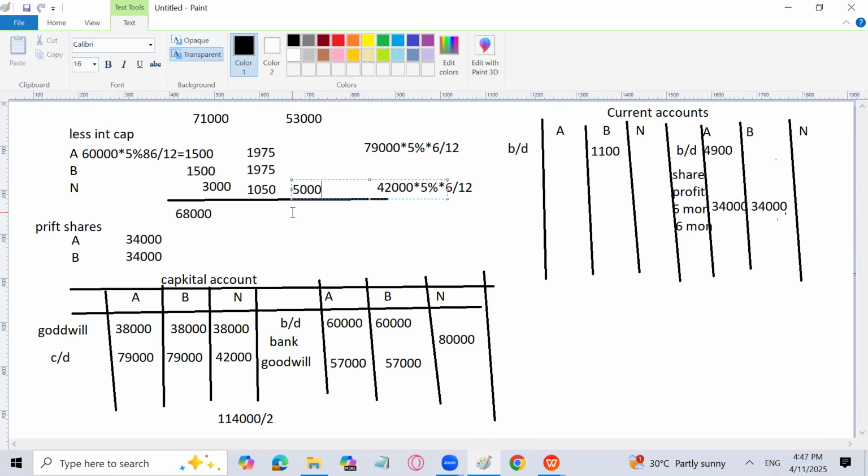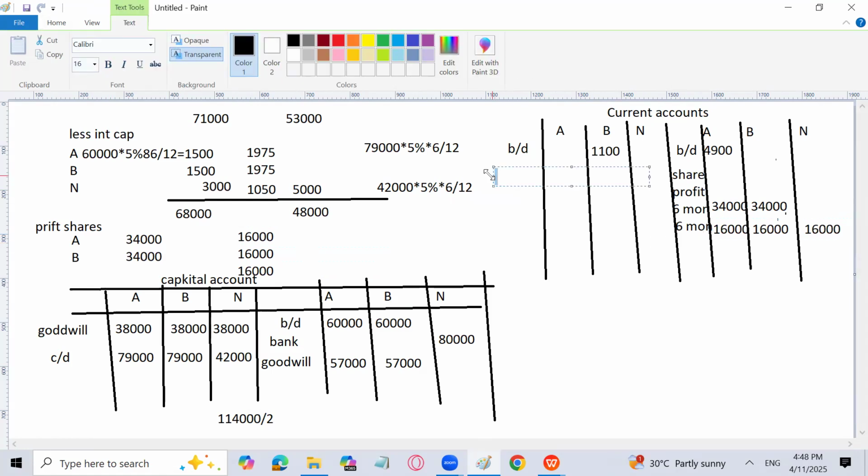We will subtract, and it will become 48,000. And that you will divide among all 3 partners, so it will be divided by 3: 16,000 and 16,000 and 16,000. Right? So I will write here the 6 month profit: 16,000, again 16,000, and again for Nickel it is 16,000.